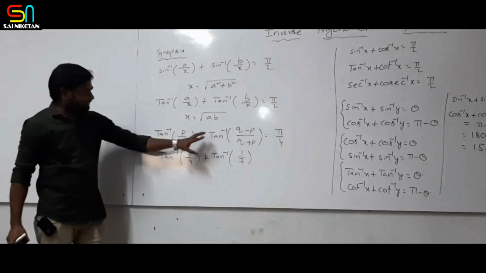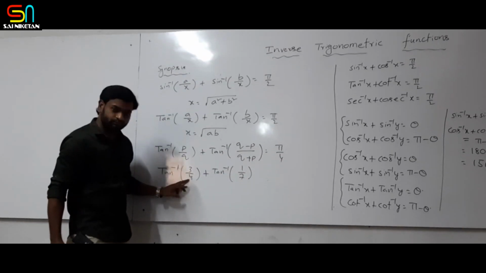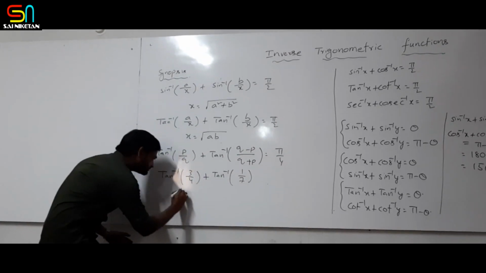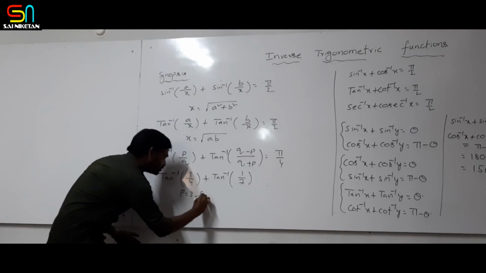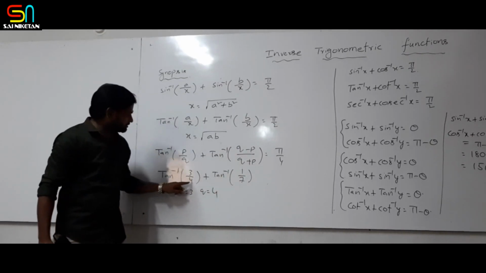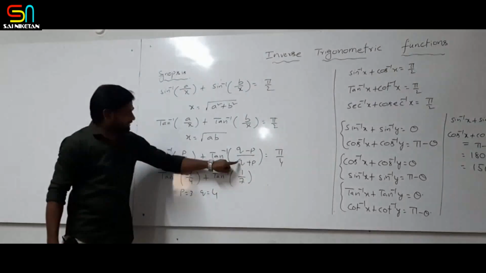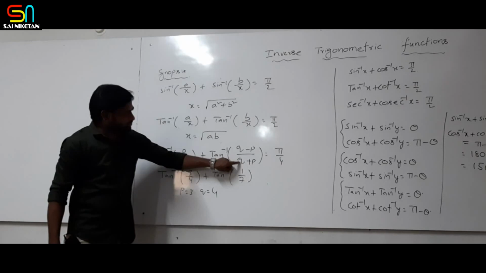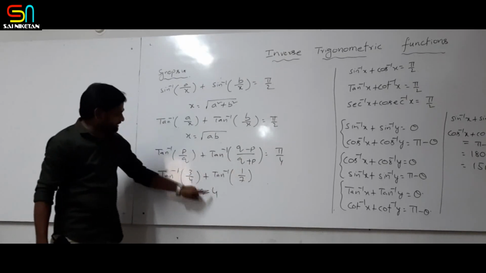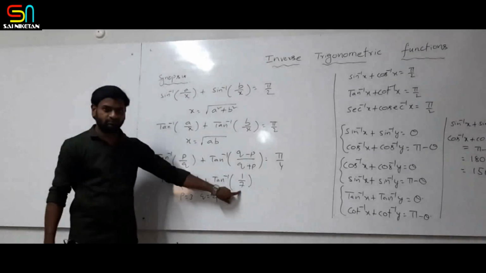Now come to tan inverse of q minus p. Here the p value is 3, the q value is 4, so q minus p is 4 minus 3, which is 1. Next, at the denominator, what is the value of q plus p? q is 4, p is 3, so 4 plus 3 is equal to 7.